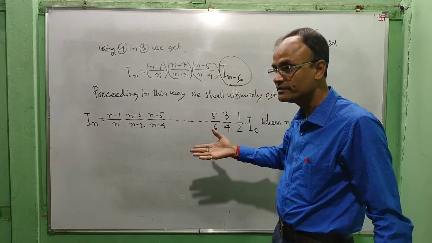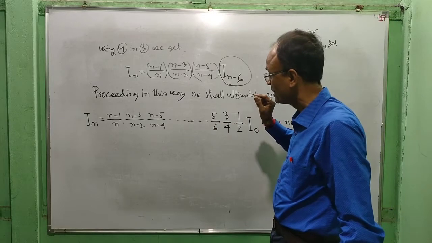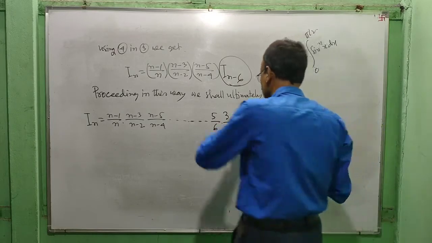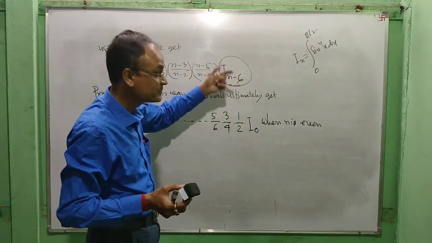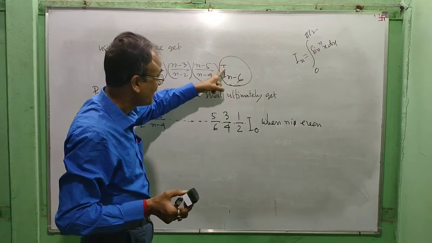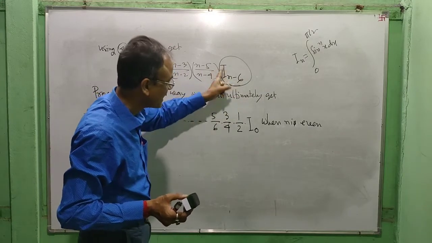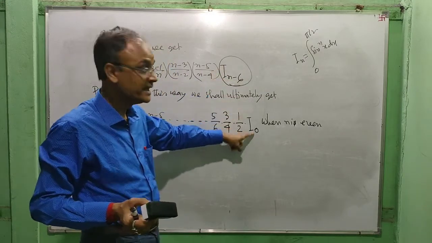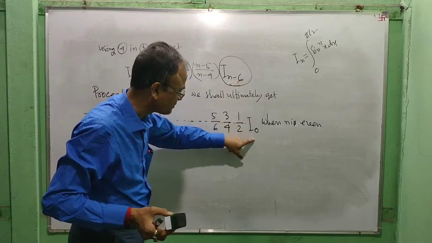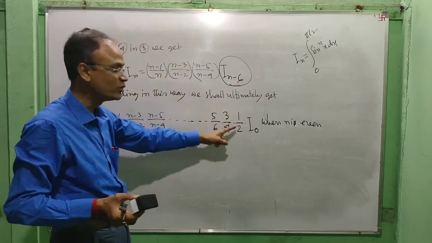When n is even, then ultimately this term will be I0. If it is I0, the term just before I0 will be equal to 1 by 2.